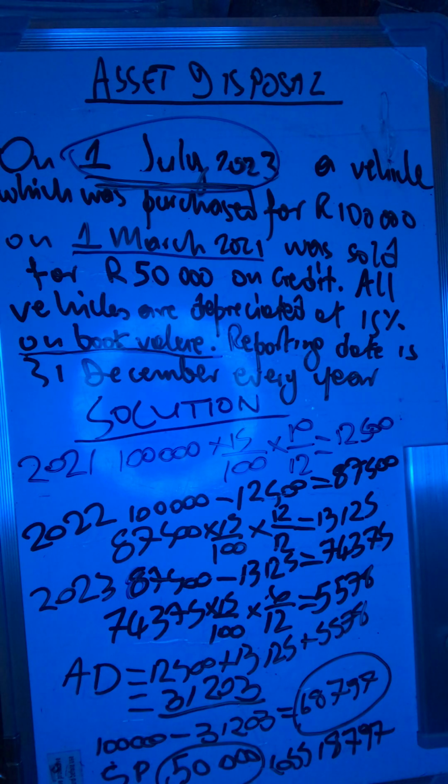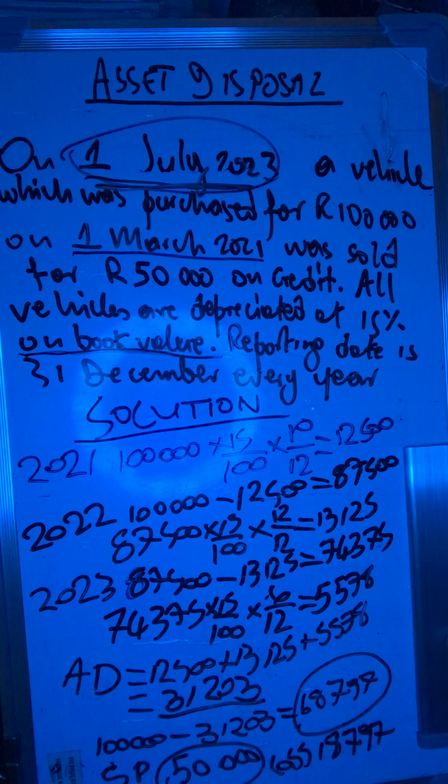Step 3 says now you must recognize the selling price. How do you do so? You're going to say, how was this asset sold? It was sold on credit. So you're going to say debit debtors control, credit asset disposal by a total amount of 50,000 rands.